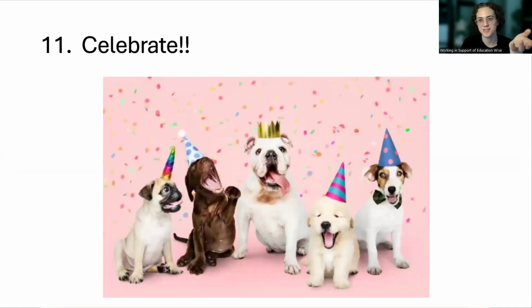And then what do we do next? We celebrate. Yay, you've made it to the end of the competition. Woo! You have done it. You have submitted your proposal. You have submitted your issue brief. You are finished. And now we just have to wait.